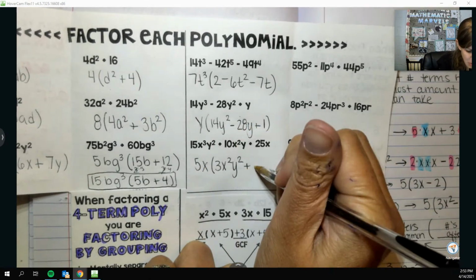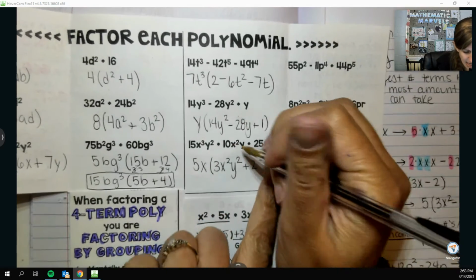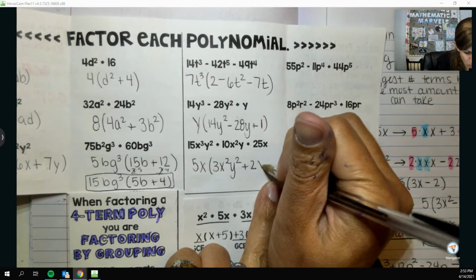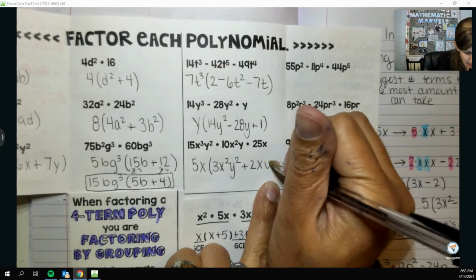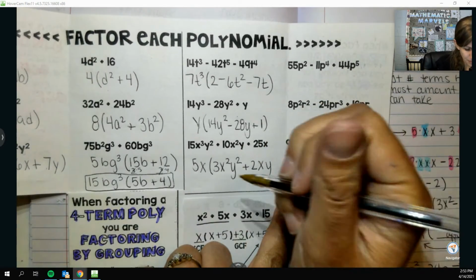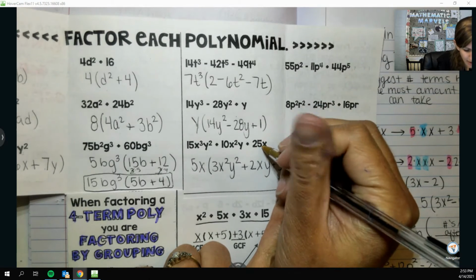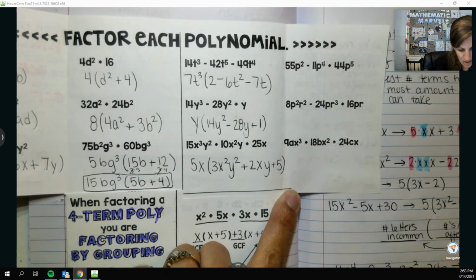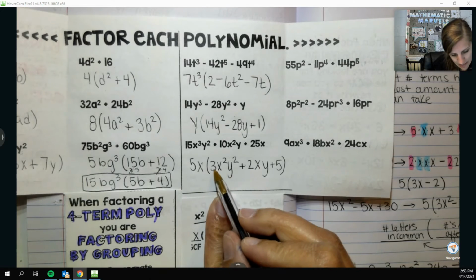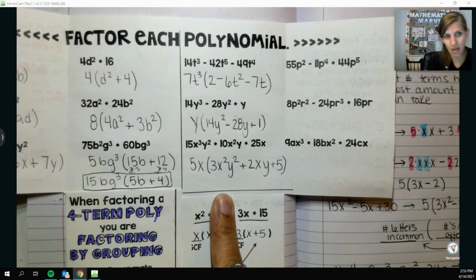Plus 5 times 2 is 10, and I took 1 x, so 1 x left, and I didn't take any y's, so there's a y left. And 5 times 5 is 25, and I took that x, so nothing left number-wise. And I know that's the biggest because 3, 2, and 5 don't have anything in common.